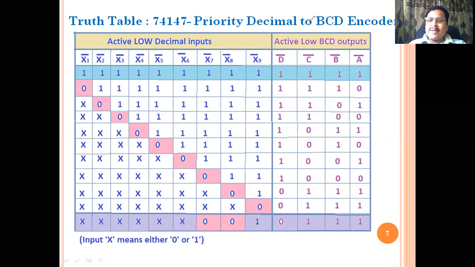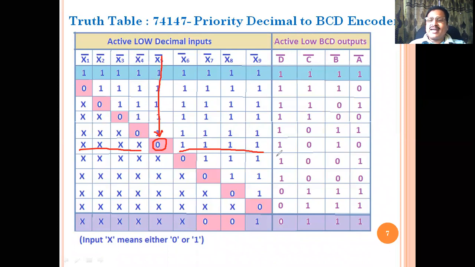Suppose we apply a decimal input number, say 5, which is placed at logic 0. At that instant, higher inputs are in disabled condition. That means X6, X7, X8, X9 are not selected, but the lower ones may be either 0 or 1, ignorable, because this IC gives priority to higher decimal input. Therefore, at present X5 is at 0.